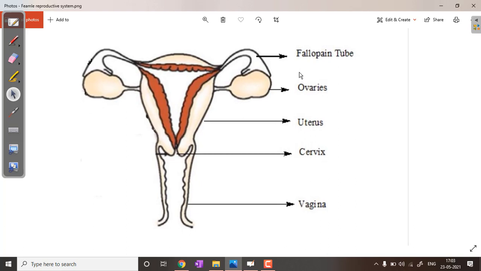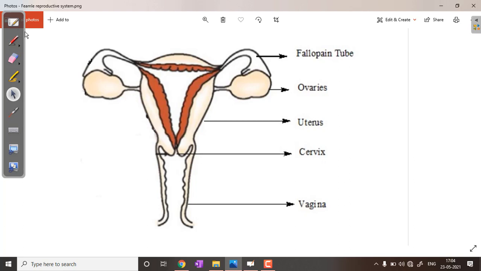It consists of a pair of ovaries, a pair of fallopian tubes. You can see two tubes here, hence they are said to be fallopian tubes. Then you have one pear-shaped structure which is said to be the uterus. Then you have a small opening here which is said to be the cervix, and then you have the vagina. So the female reproductive system consists of a pair of ovaries, a pair of fallopian tubes, uterus, cervix and vagina.